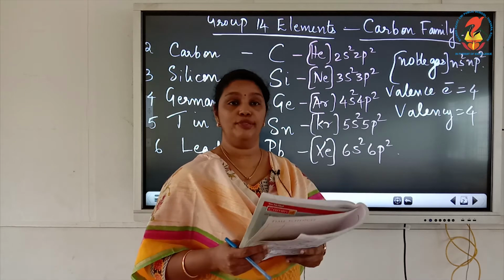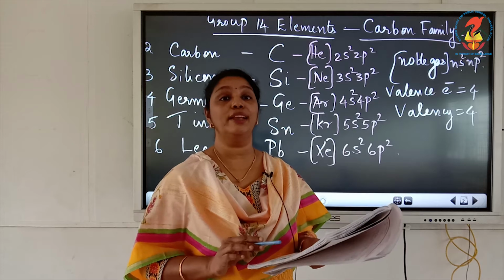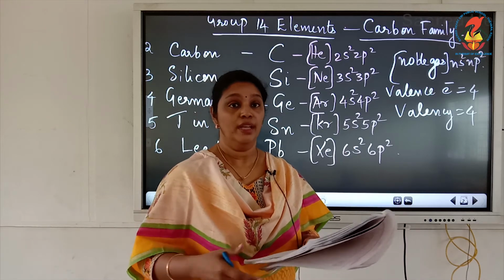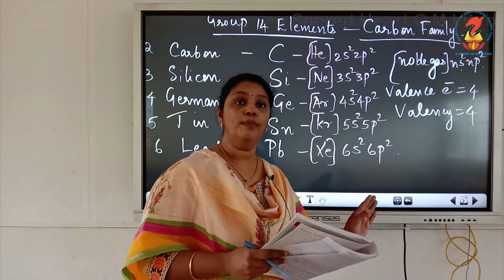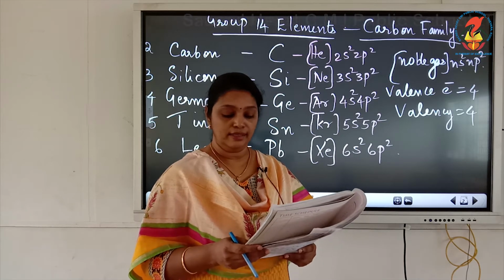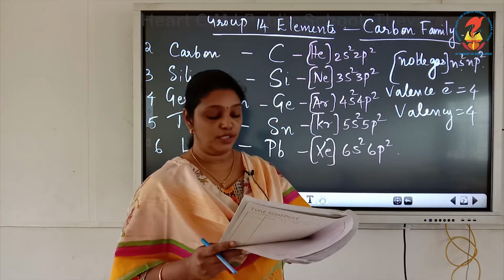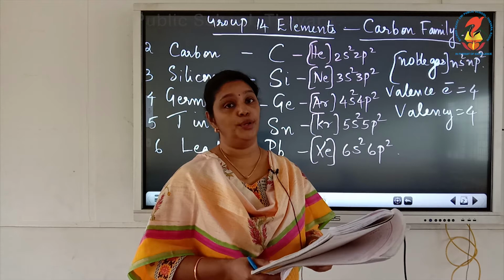What is the reason for that? It is due to poor shielding effect of completely filled d and f orbitals. Down the group when you come to lead, the d as well as f orbitals are getting filled. So due to poor shielding of d and f orbitals, the increase in atomic radius is very small.